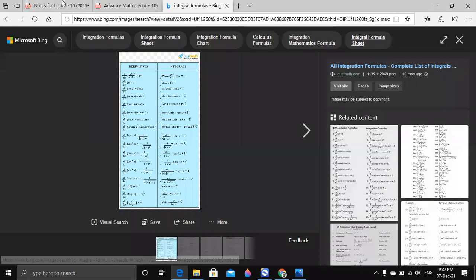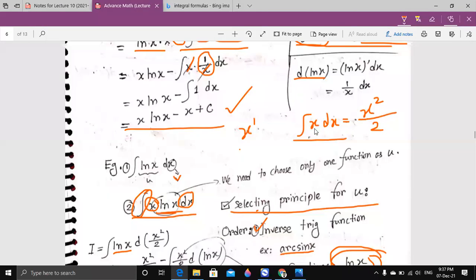So here we have integration of x dx. The power is 1, so we add 1, that is 2, and we divide by the power. So this is x square by 2.